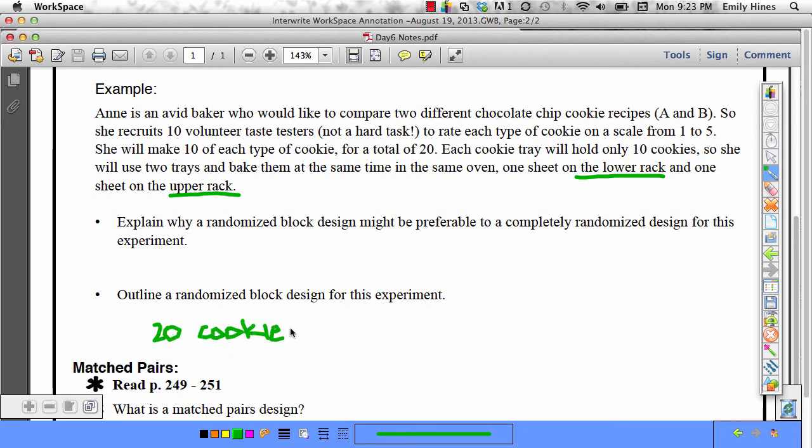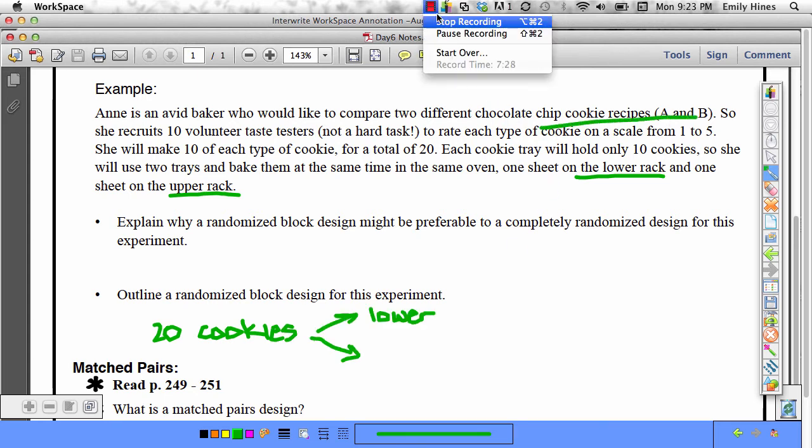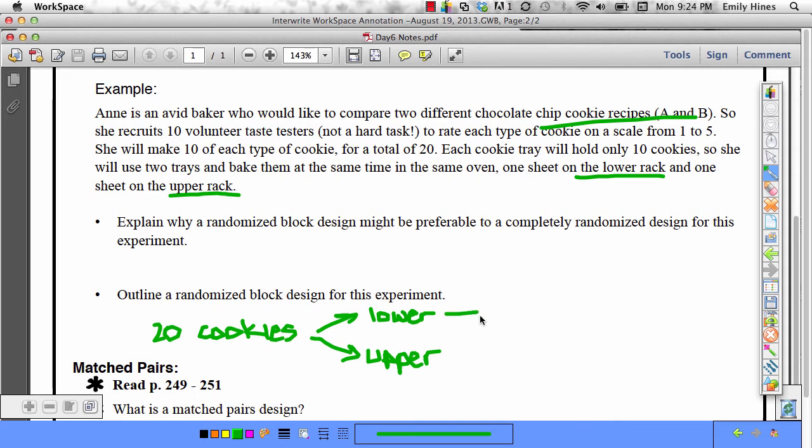Okay, my treatments are the recipes. Block according to the rack that they were on, or the position. So I would have 10 cookies on the lower rack and 10 cookies on the upper rack. Okay, so in that lower and upper rack, I would do some random assignment in each one.